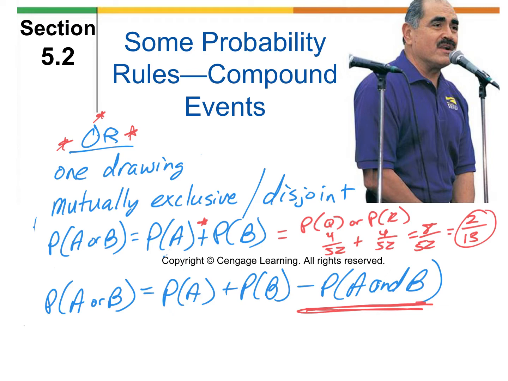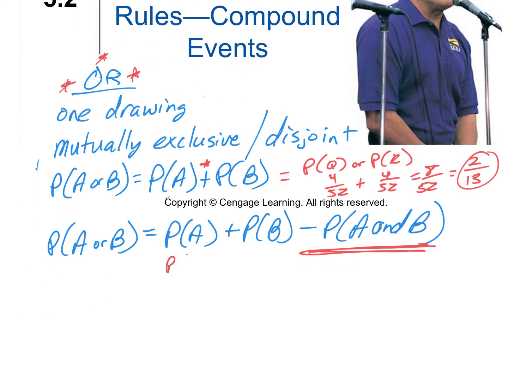Those two events, king and red, are not mutually exclusive. So we're going to take the probability of a king, add the probability of a red card, but we have to subtract a king and red at the same time. Why? Because we counted them twice.